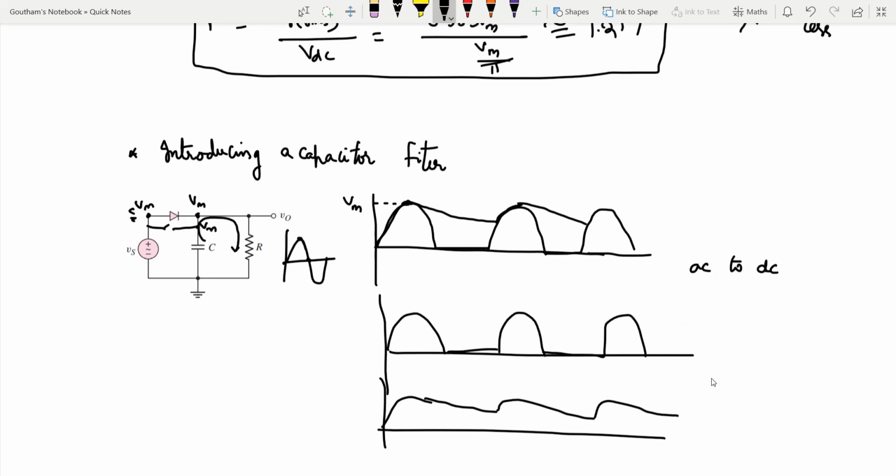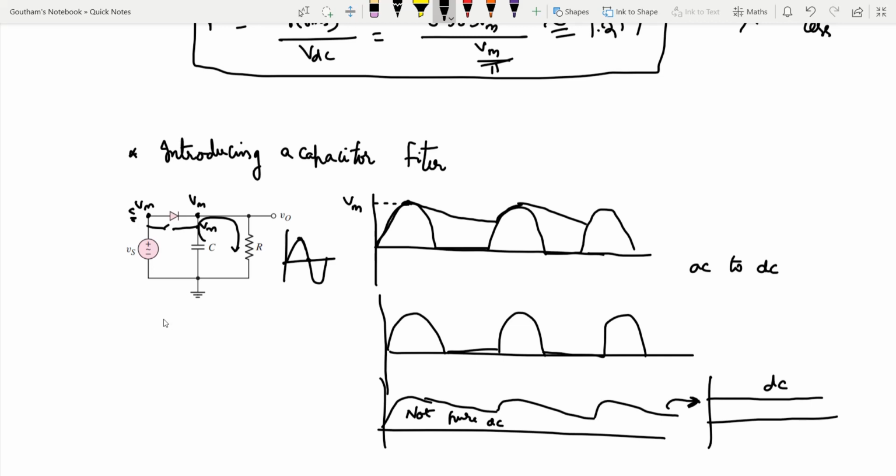The signal with the capacitor is much closer to the DC signal, isn't it? It is of course not pure DC, but we are getting near to DC. So this is how the half wave rectifier with a capacitor filter behaves.